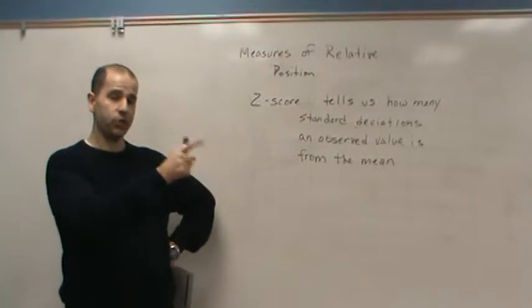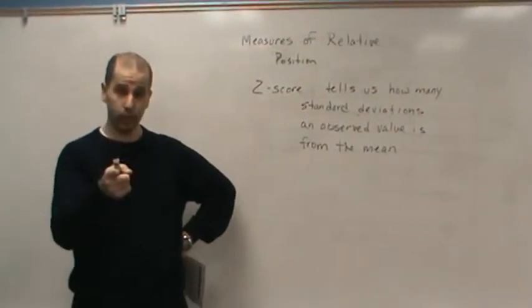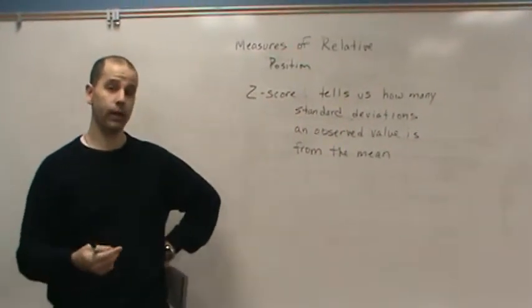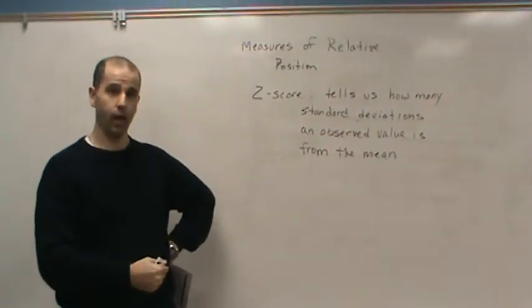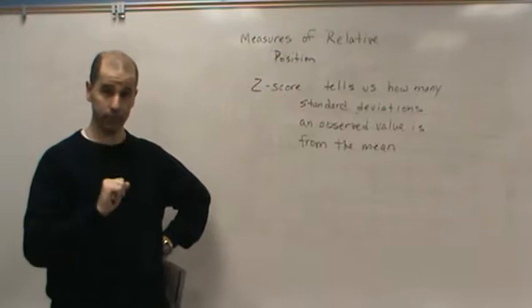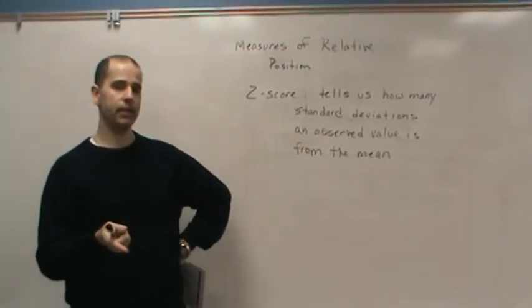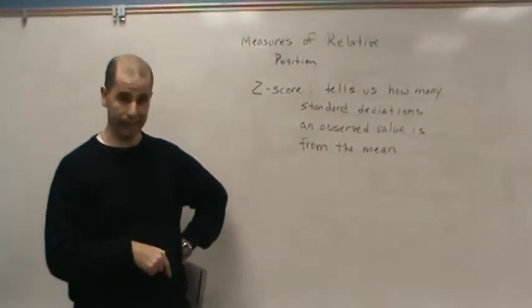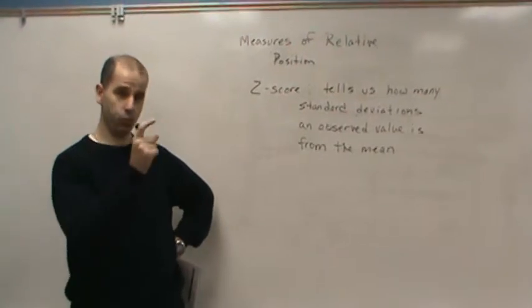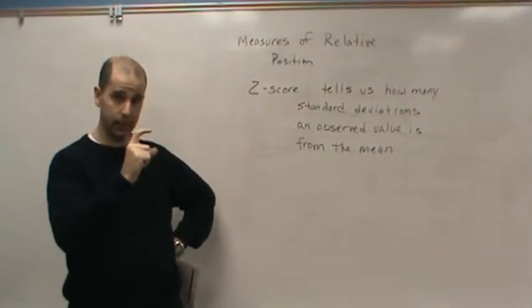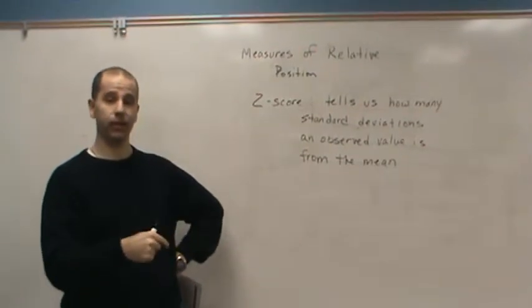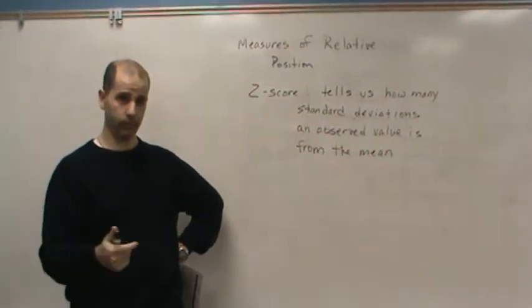So the z-score is the number of standard deviations. If my z-score is 3, then I'm 3 standard deviations above the mean because it's positive. If my z-score is 1.28, the observed value I'm looking at is 1.28 standard deviations above the mean.